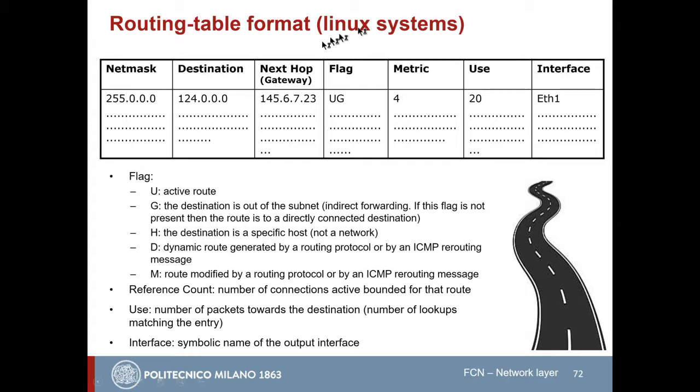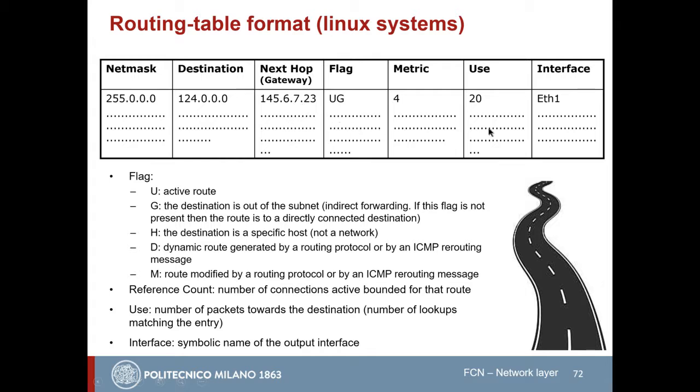And in Linux systems, this is the format. So you can see that you have the main columns, which are netmask, destination, next hop, and interface, which immediately tells what is the way to send the packet when you have a next hop. So you don't have to find the network interface where to send the packet.